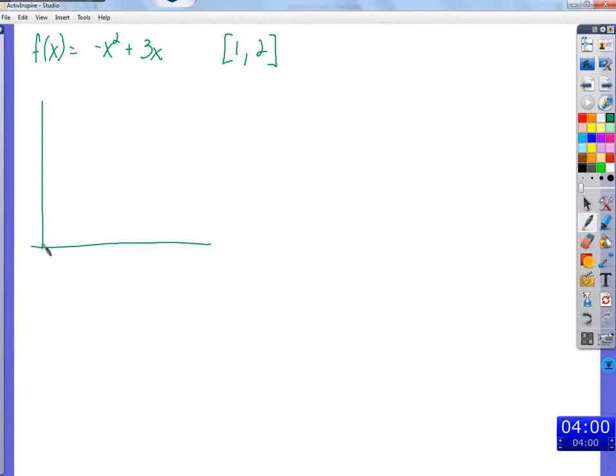So what we've got here is a parabola. It should look like this. It should go 1, 2, 3. We want to find the area between 1 and 2.